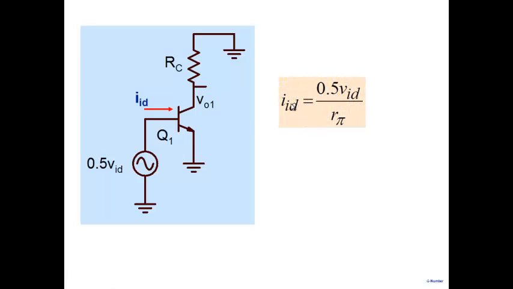So IID that you see here, the current that goes in is equal to 0.5 VID, and the resistance that is there is R pi, and therefore my differential input resistance is nothing but VID by IID. That's the definition of differential input resistance. That's equal to 2 R pi. Okay. The 2 is coming because on one side we have 0.5 here, the other side is minus 0.5. That's why the 2 is coming here.